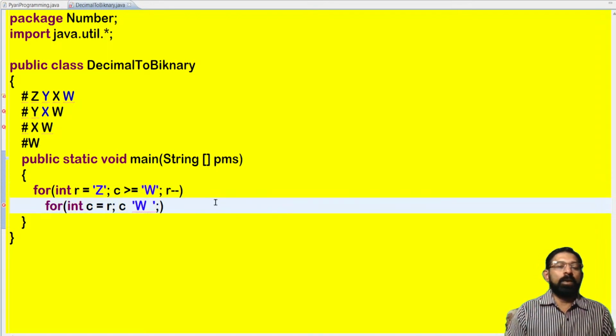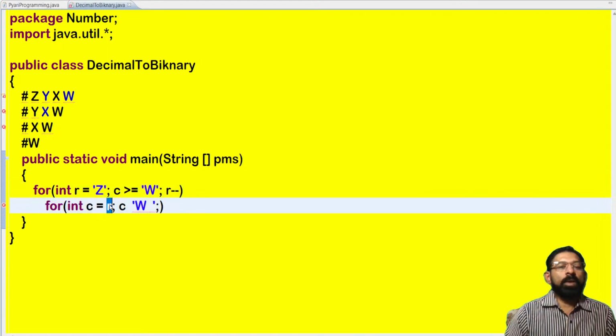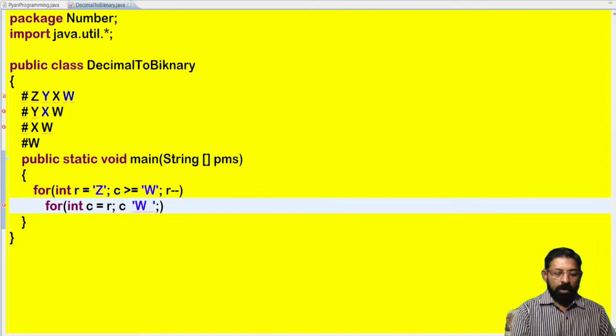Now Z to Z one time, no problem. Next time it is coming this one. It is Y. So what should this one be? C is less than equals to W or greater than equals to W? Your job. C is less than equals to W or C is greater than equals to W.